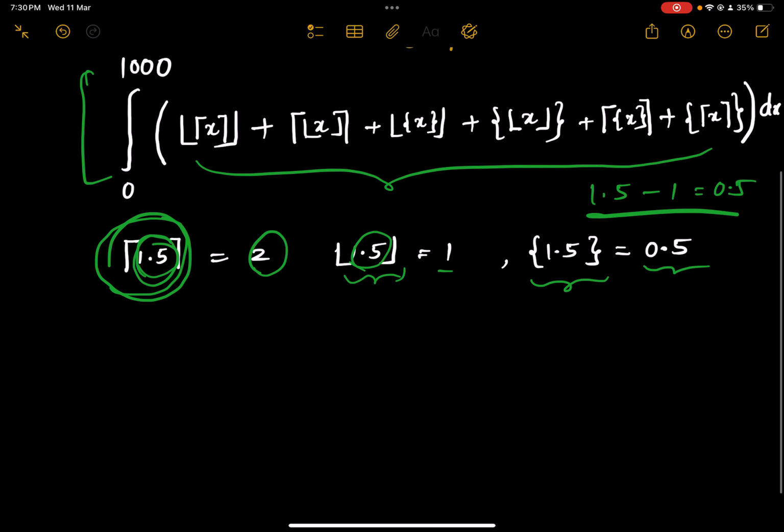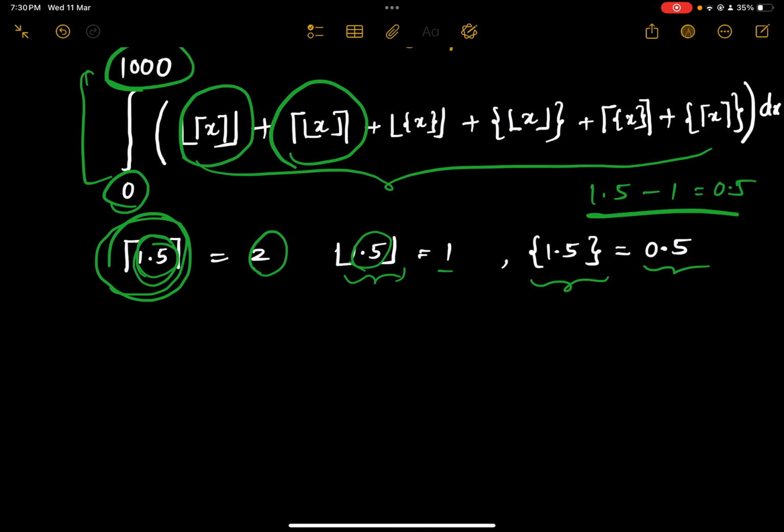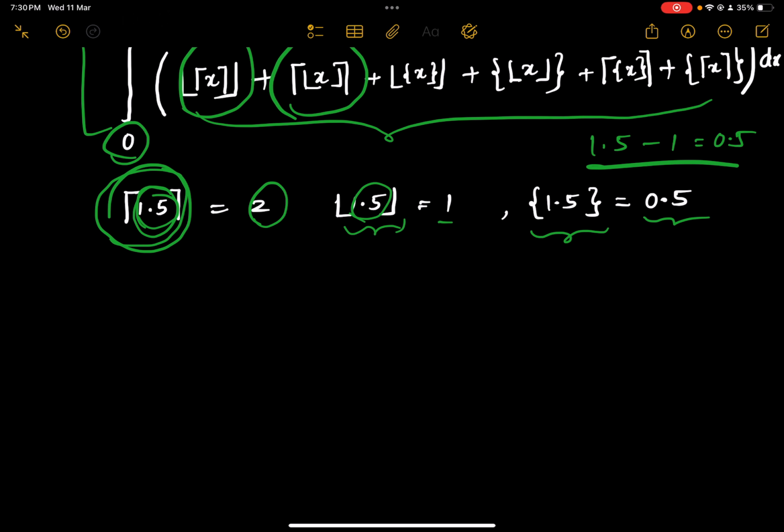So let us forget about the lower limit and upper limit of the integral, and let us forget about the integral itself. Let us understand what these terms are. Let us say your x lies between n and n plus 1. In this case, what happens? Let us say n belongs to the natural numbers.